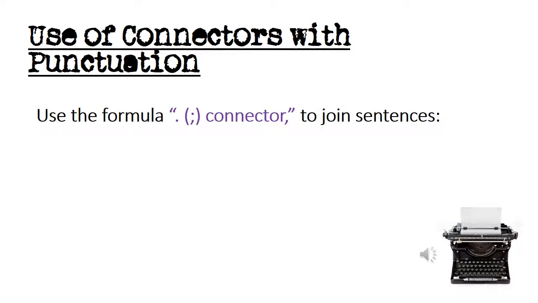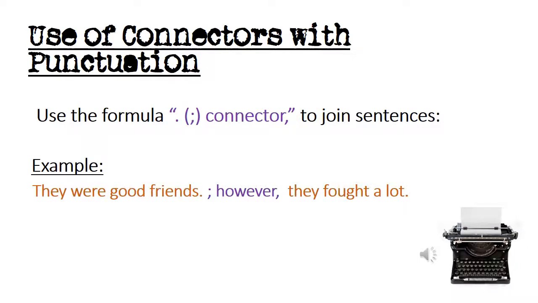When connecting two clauses with connectors, we must either use a period or a semicolon, place the connector, and then a comma, like in the example. They were good friends, period or semicolon, then the connector, however, then a comma, and then the rest of the sentence, which in this case is, they fought a lot.